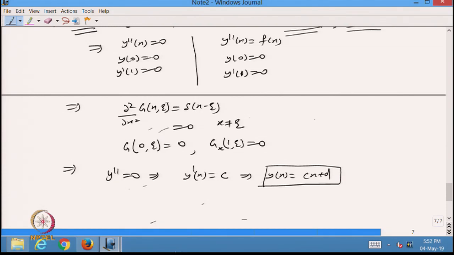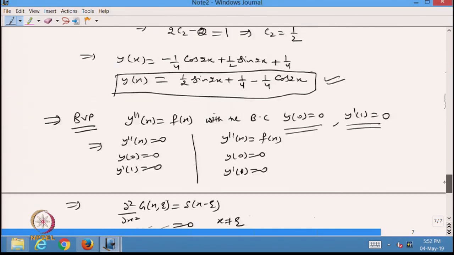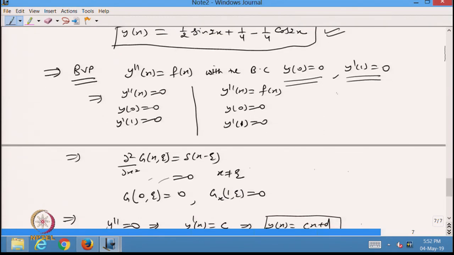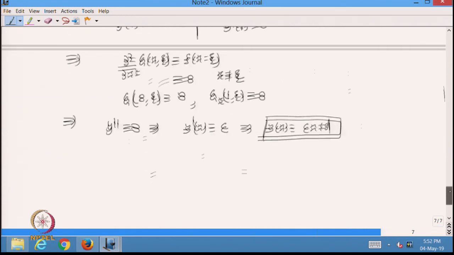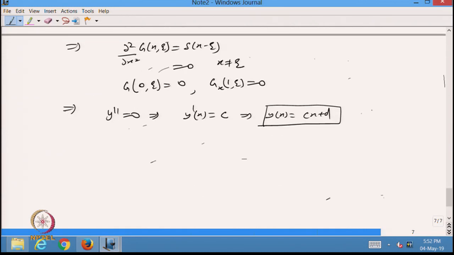Now, in this case x is lying between 0 and 1, because the values are given there. So, I can say this is my solution of the equation, and x belongs to the interval from 0 to 1.